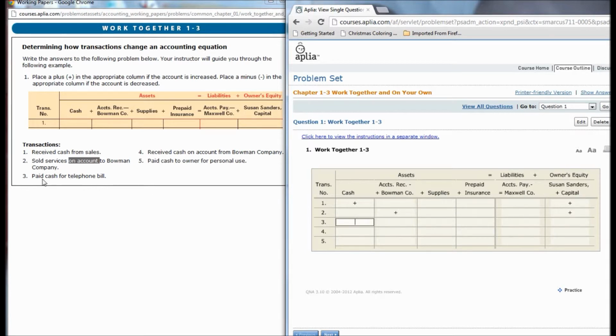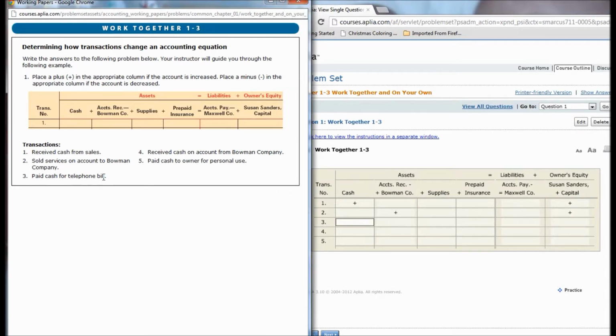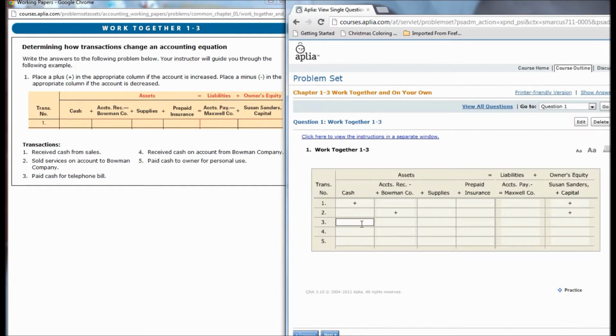Question number 3, we paid cash for telephone bill. Here's our cash, paid cash, cash is going down, cash is an asset. For telephone bill, remember telephone bill is classified as an expense. An expense is pretty much we have someone else do something for us, perform a service.